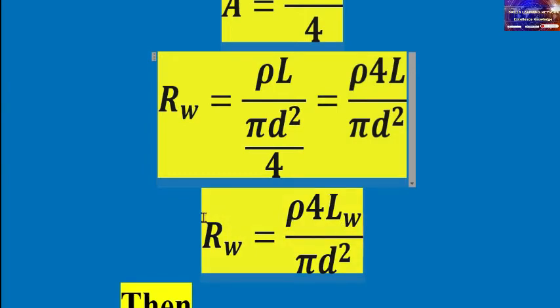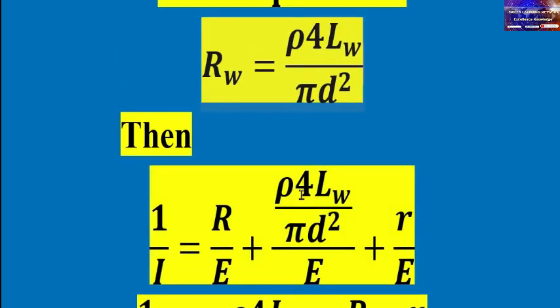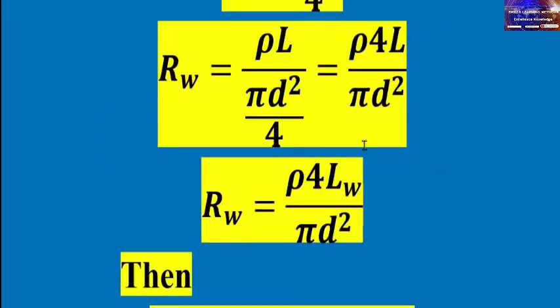So 1 over I is equal to R over E plus, this is the resistance of W. We use the resistivity formula. It means it will be resistivity times 4 times LW over pi d square over EMF plus R over EMF. That is our equation from here, and we reach this equation.